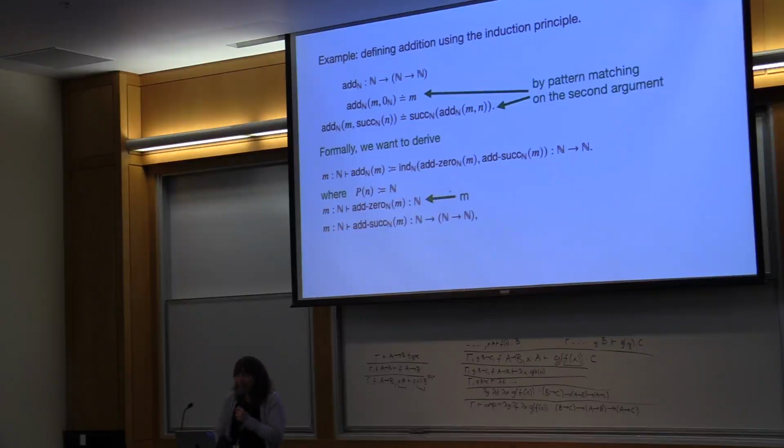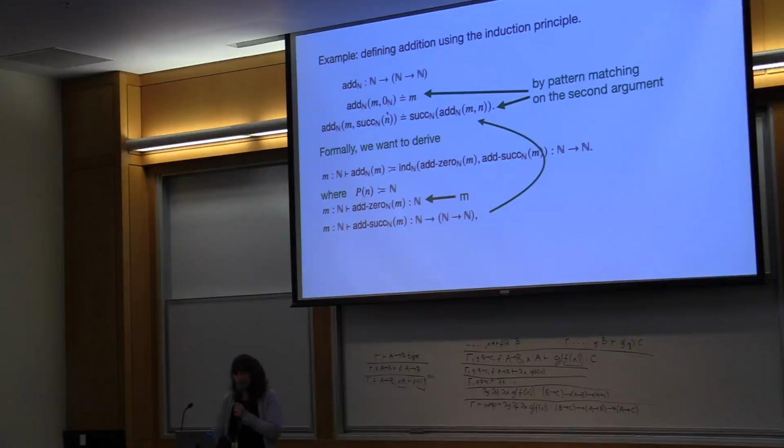And then add suc has to have this type, and now we can define add 0 of m to be just m, because adding 0 does nothing, it's an identity function. But what we want to do for add suc? Well, we know that this equation should hold.